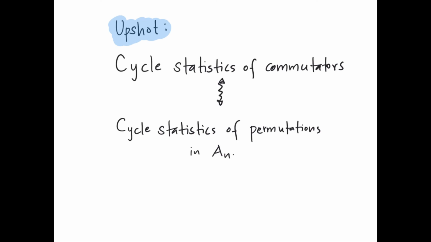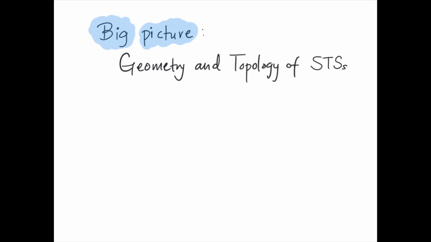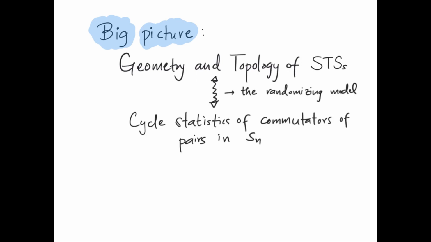Okay, so the big picture now is, if you cared about the geometry and topology of square-tiled surfaces, the randomizing model told you that the cycle statistics of commutators of pairs in Sn is the stuff that you need to be caring about.